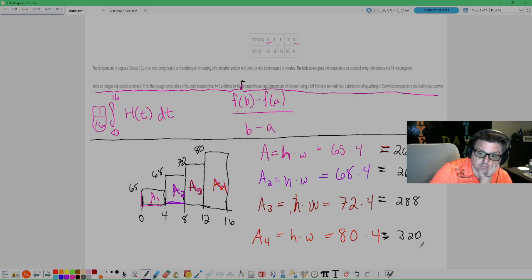I have no idea. I'm just mental mathing it quickly. 20, 23, 2, 4, 6, 8, 10, 11, 1130. Then we're going to divide 1130 by 16.